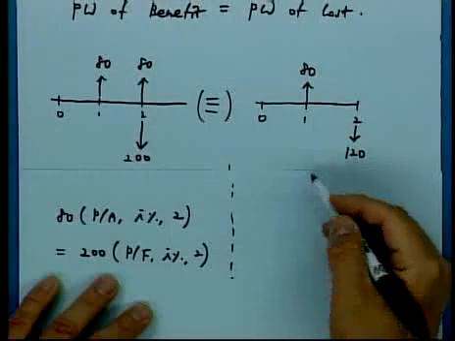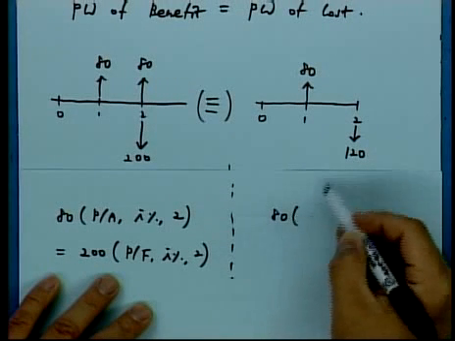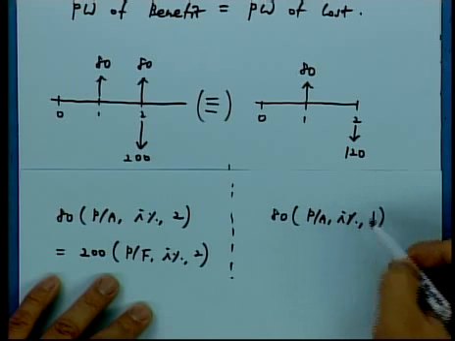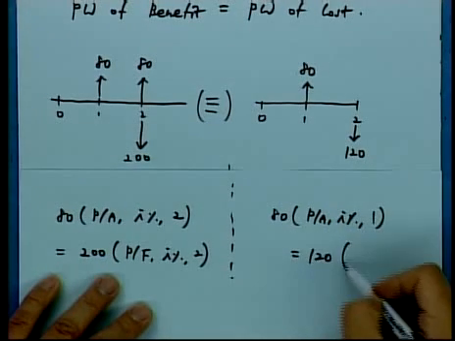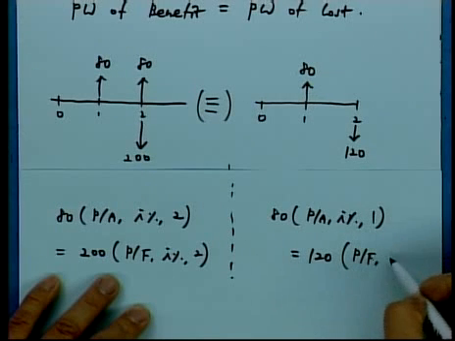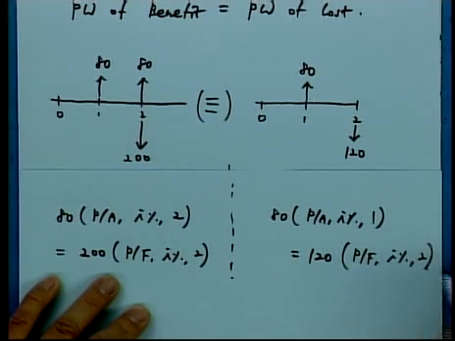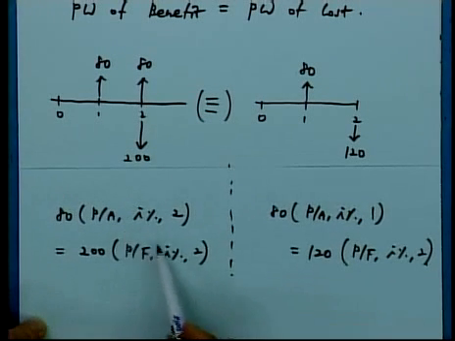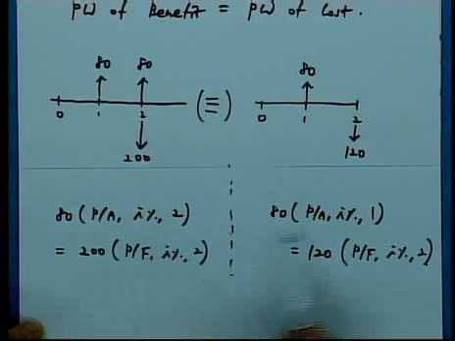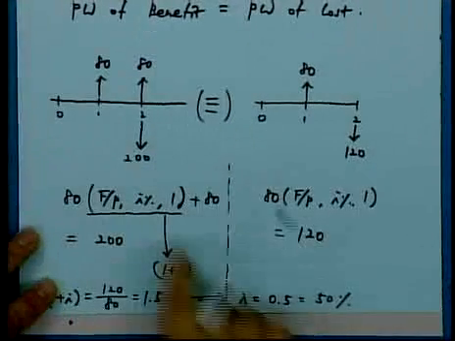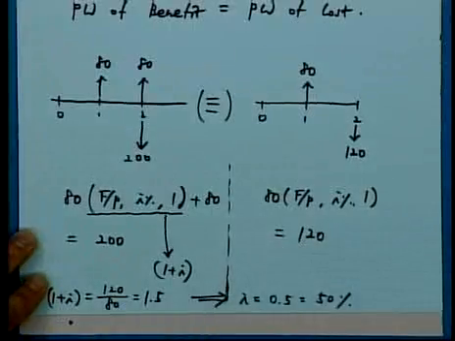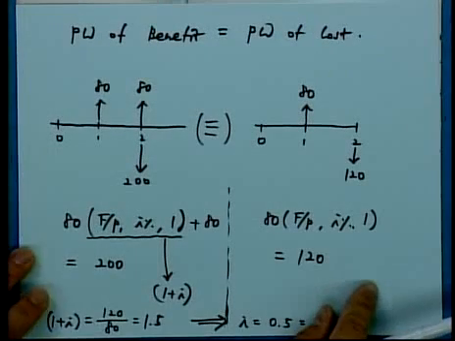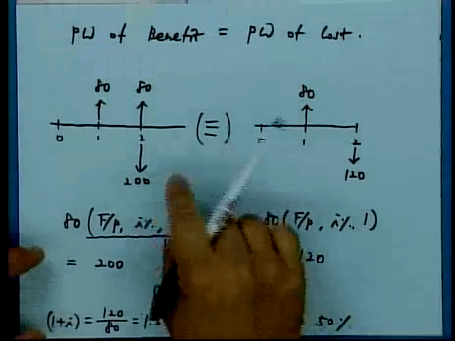Same for this diagram: P given A I% over 1 period is equal to 120 times P given F I% over 2 periods. But in that case, you need to use one more factor, one more table value compared to the previous one. So I would go with this methodology, which is easier, but you need to think a little bit more.